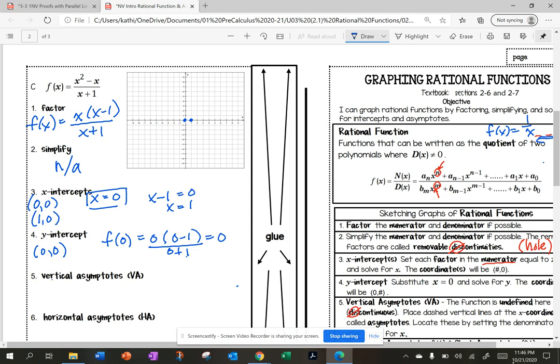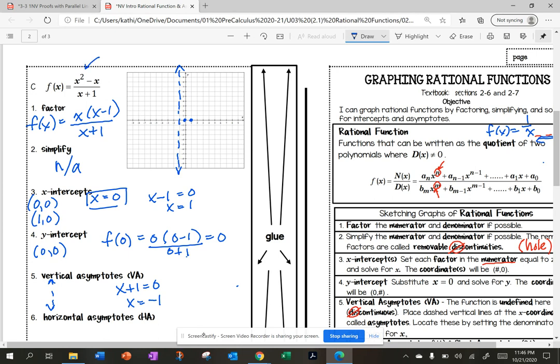My vertical asymptotes are where the denominator is 0. So this is x plus 1 equals 0, so x equals negative 1. Next, I want to see what the degrees are.